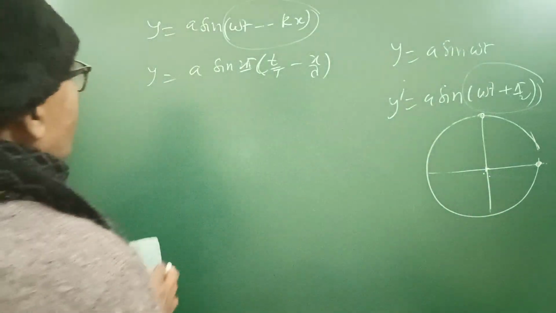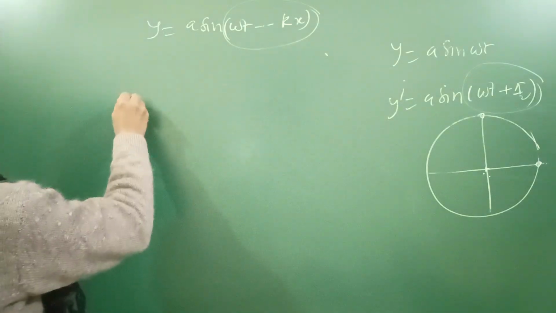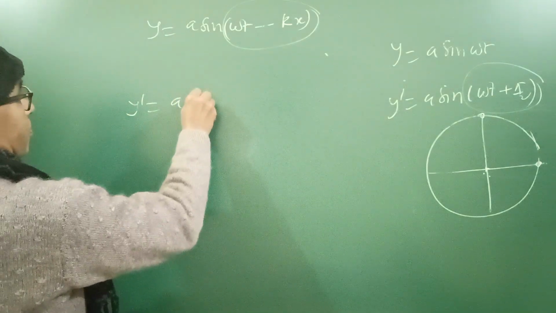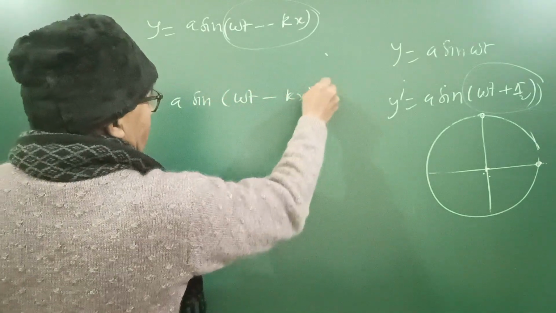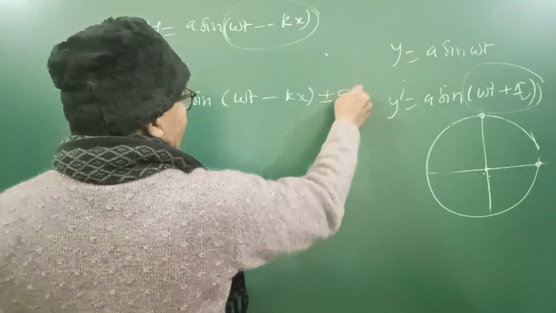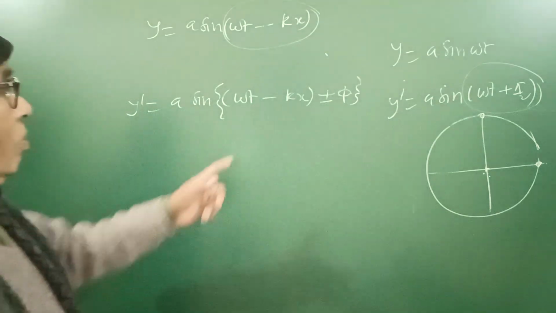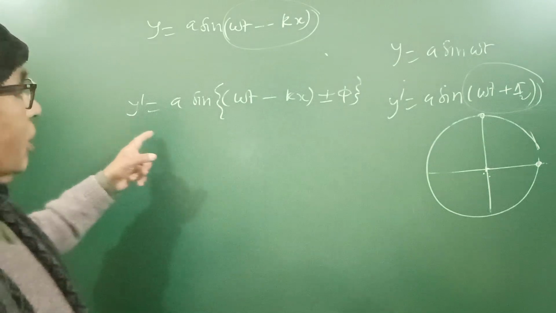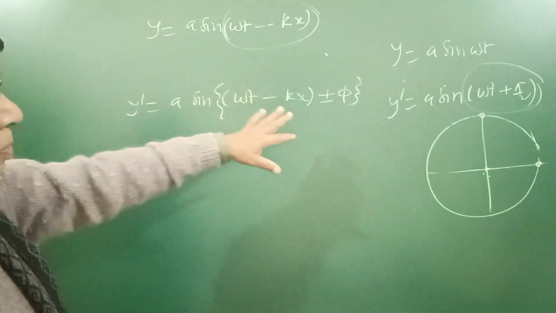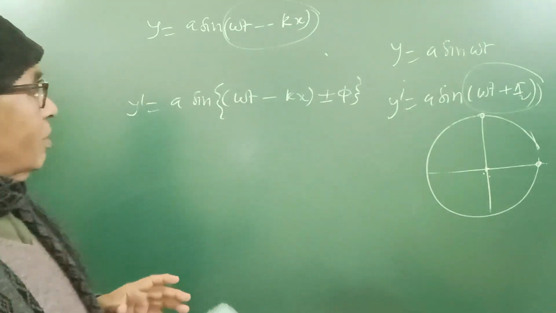Now, if we have another wave which has a phase difference of pi, then y dash will be a sine omega t minus kx plus or minus phi. Here phi is called the initial phase. If there is plus phi, it means y dash leads y in phase by pi. Here pi may be called an initial phase.